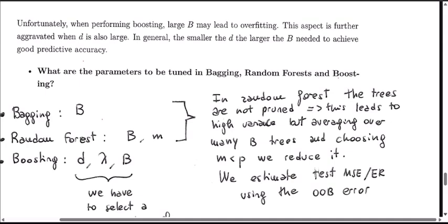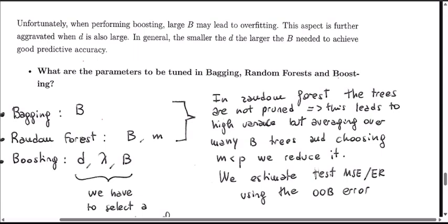When D is the number of splits, when you have so many leaves, the problem will be compounded. That's what we mean. So in general, the smaller the D, the larger the B needed to achieve good predictive accuracy. Take a look at that. The smaller the D, that is the number of splits, the larger the B needed to achieve that.